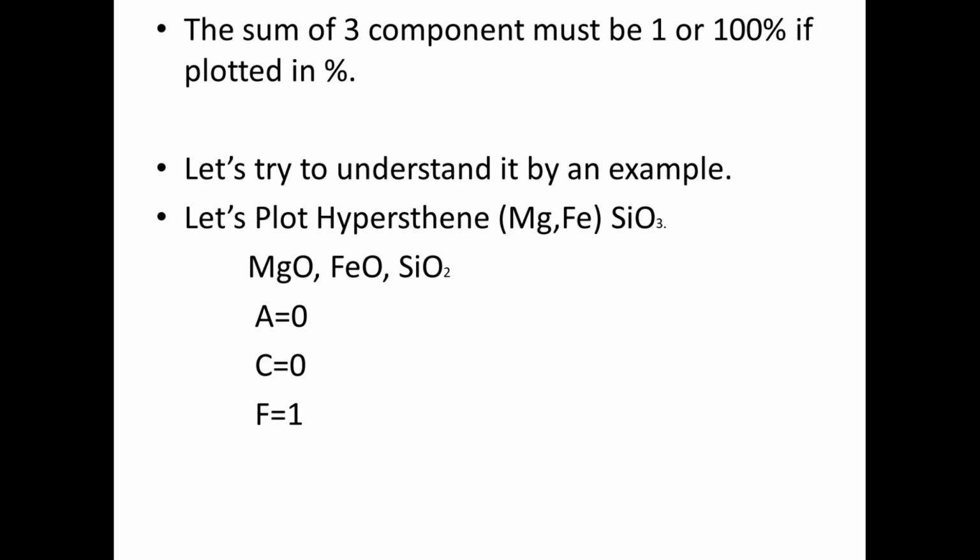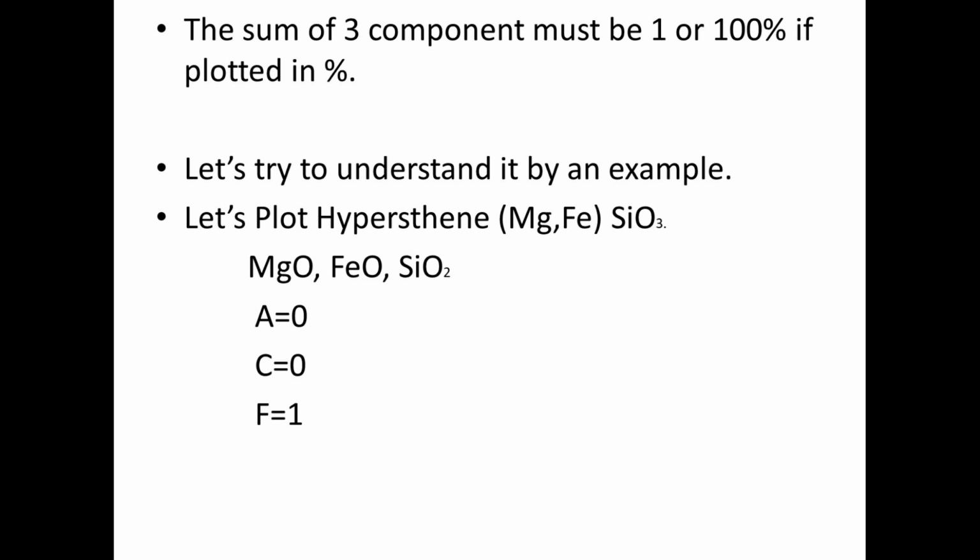First we have hypersthene, which has the formula MgFeSiO3. So here the first thing we have to do is to convert them into their corresponding general oxides. Okay, so here we will have FeO plus MgO and SiO2. Now for A, we don't have any Al2O3, Fe2O3, Na2O and K2O here.